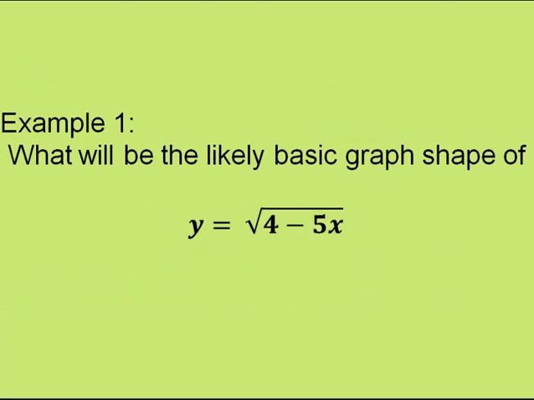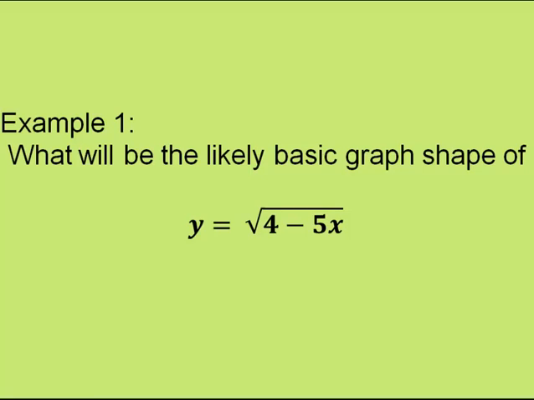Here's example 1. What will be the likely basic graph shape of y equals the square root of 4 minus 5x? Immediately you note this is y equals the square root of a linear expression, so you're thinking it's going to be a semi-parabola having a horizontal axis of symmetry.